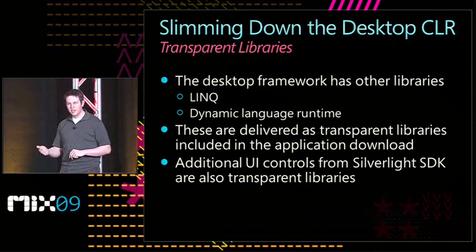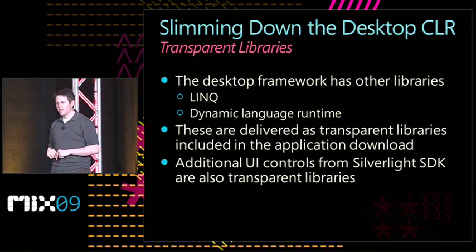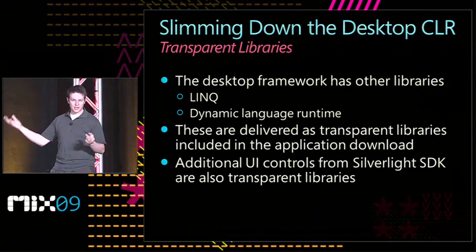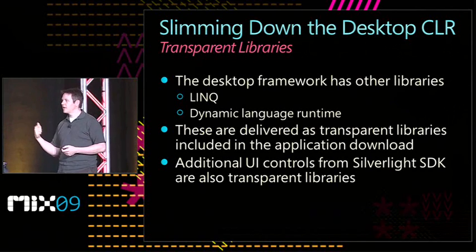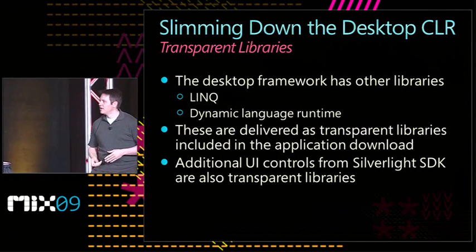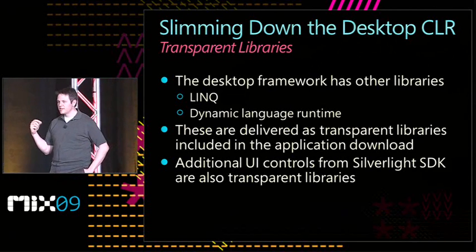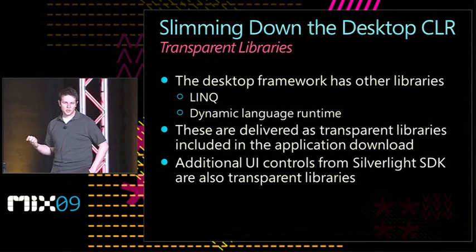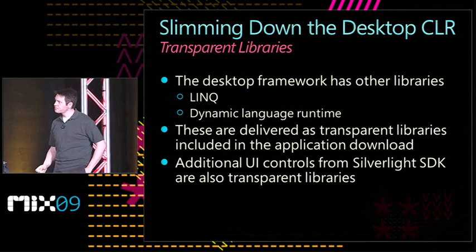That's hopefully driving up more downloads of it and getting us closer to ubiquity. But now we're asking application developers to pay the cost of using any of these libraries. So it's more of a pay for what you use model. And you'll see additional UI components that are part of the Silverlight SDK are also transparent libraries.